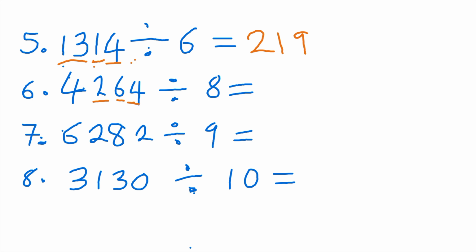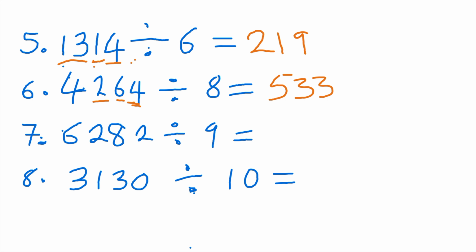And 264 can divide 8 without any remainder. So that tells you that 4,264 can divide 8 without a remainder. So 4,264 divided by 8 will give you 533. So that is the answer.